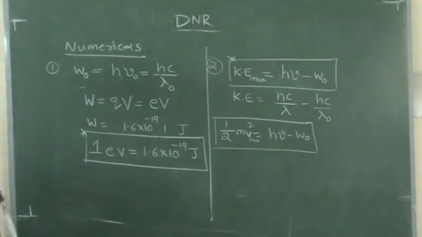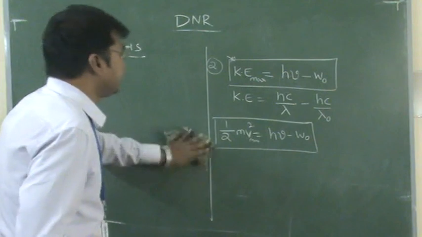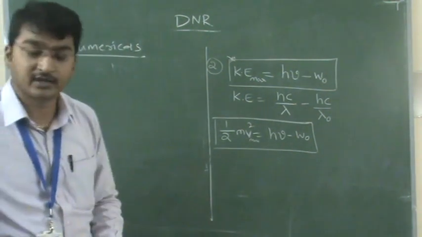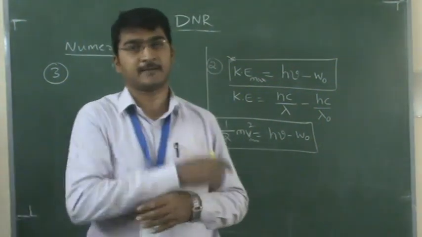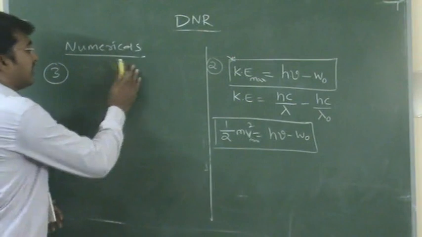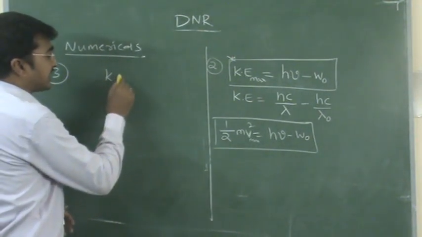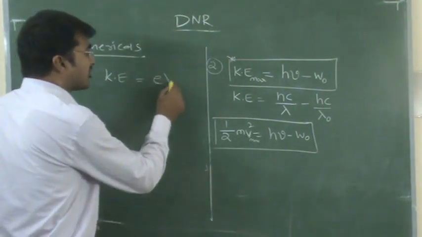Okay. Next, the third one: experimental verification of the Einstein photoelectric equation by Millikan. In that, what he did was replace the kinetic energy of the ejected electrons with eV naught.